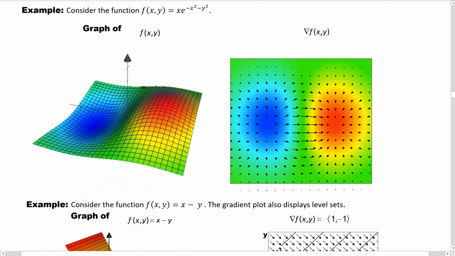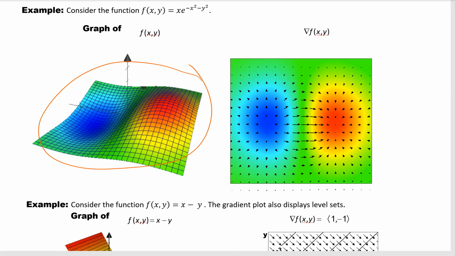Look at the following. Consider the function f of x, y equals x times e to the minus x squared minus y squared. Well, this is the graph. You can see this is a graph in a three-dimensional space. And then here is the gradient. The gradient function is like a vector field on the xy plane.